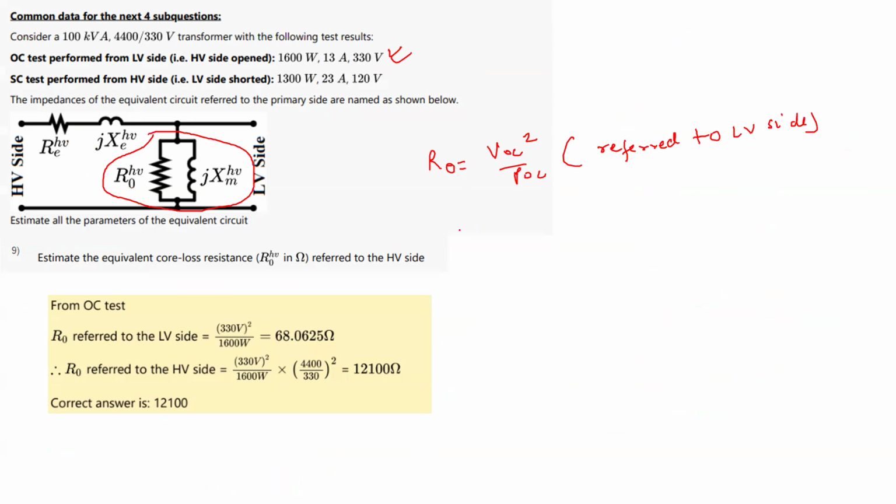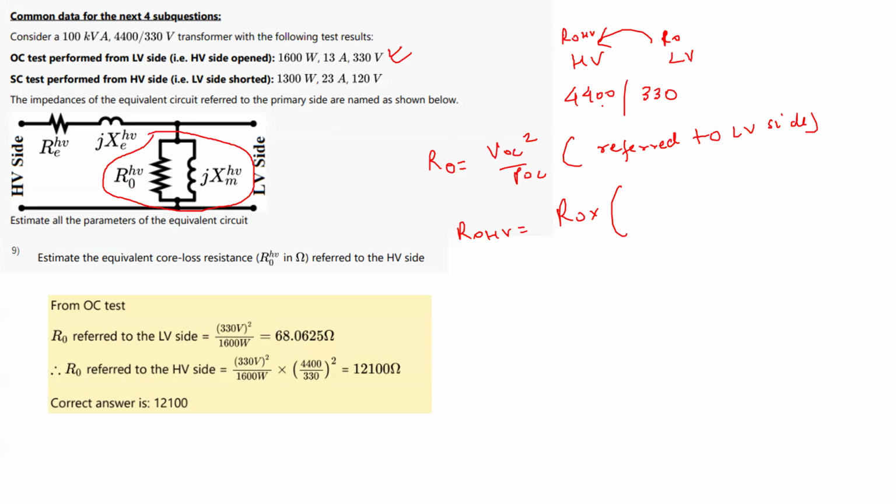Now you have to multiply it by a proper multiplication factor, which we have seen in the earlier classes, that we have to multiply it by the proper voltage ratio, because we are moving this from the LV side to the HV side. So from the LV side to the HV side, we are moving this R0 so that it becomes R0 HV.